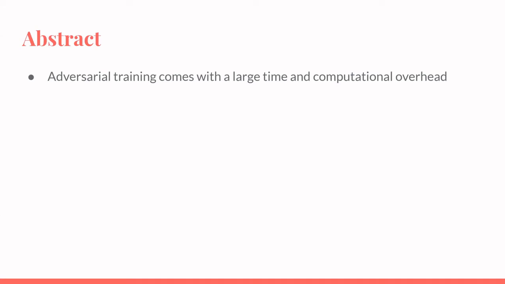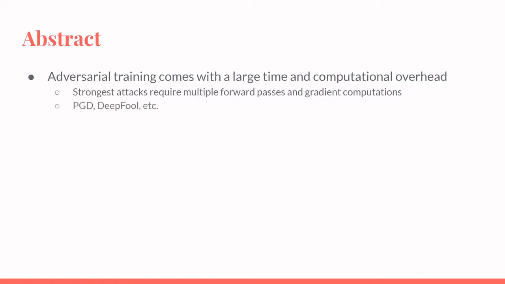The motivation for this work is that adversarial training typically comes with a very large time and computational overhead. This is due to the strongest attacks requiring multiple forward passes and gradient computations. For example, two typical, popular, and strong attacks that we've covered in the class are PGD and DeepFool, both of which require multiple forward passes and gradient computations to generate an adversarial example.